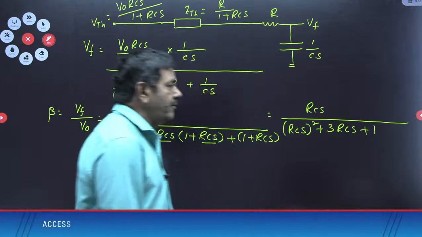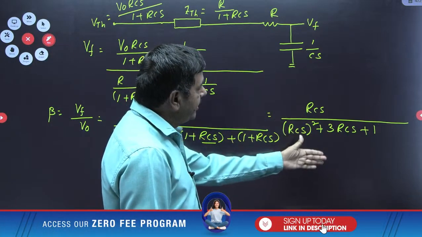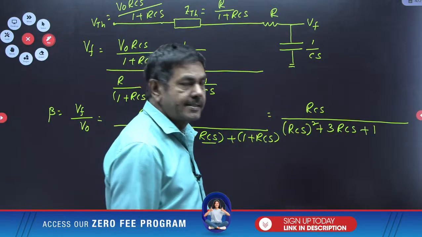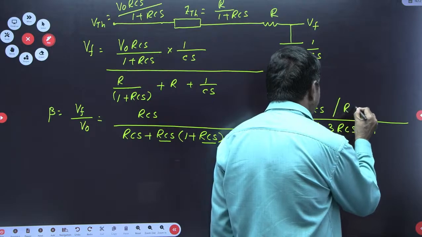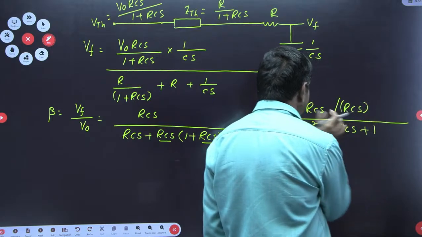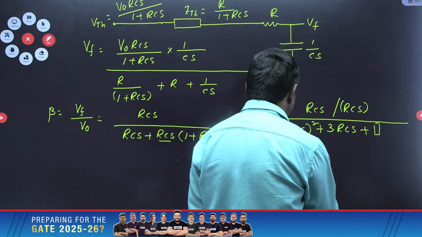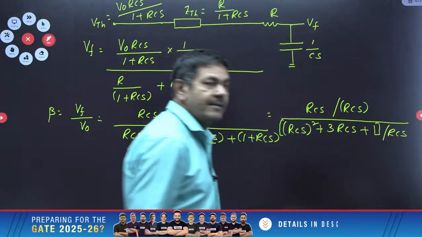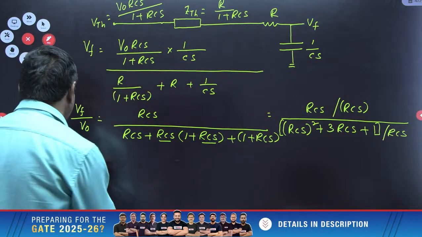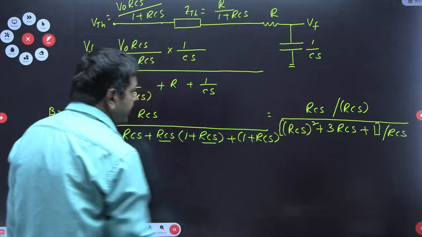Plus 1 we have. But here what I wish to do, numerator and denominator I want to divide by RCS. I wish to divide numerator and denominator by this same term, RCS. After division, what will I get? Beta equal to, I can get RCS by RCS, 1 itself.